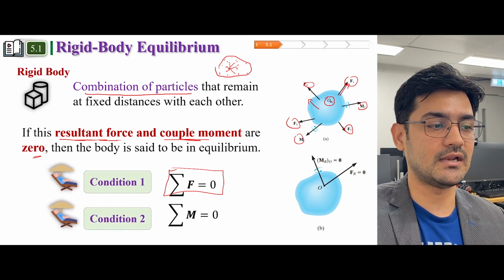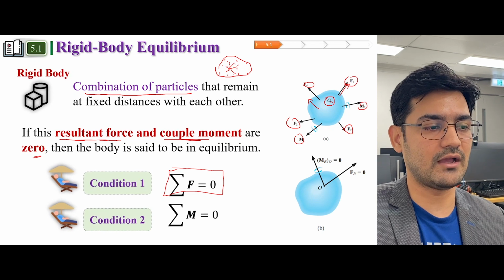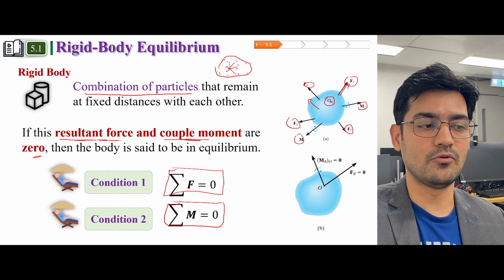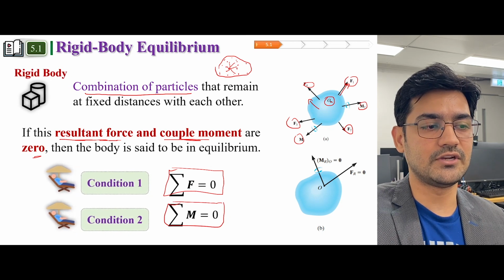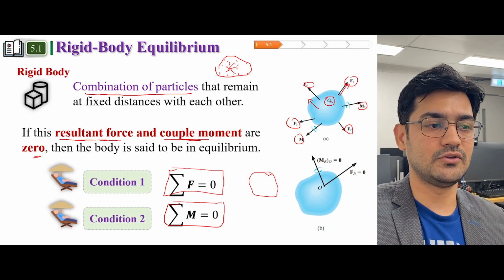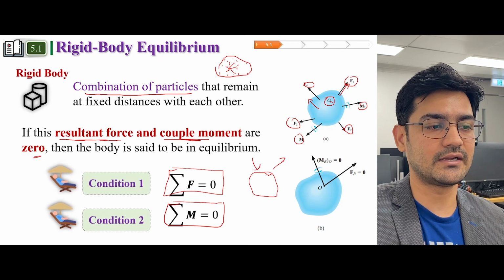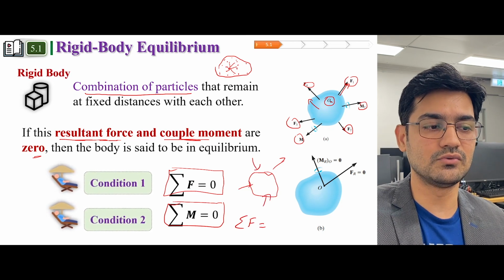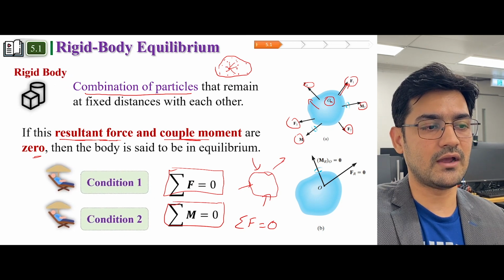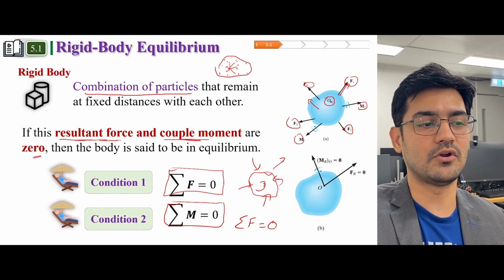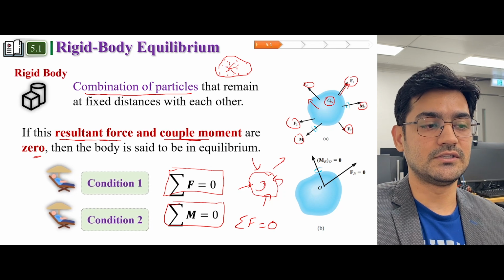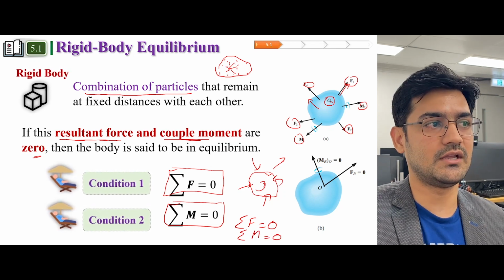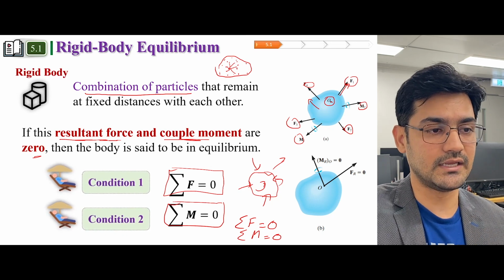Now for a rigid body equilibrium you have another condition, that is, the summation of moment is equal to 0. So if you have a rigid body and you have different forces acting on that rigid body, and if the summation of all the forces is equal to 0, and also you have different moments acting on that body, and if the resultant of all those moments is equal to 0, then you can say that this rigid body is in equilibrium.